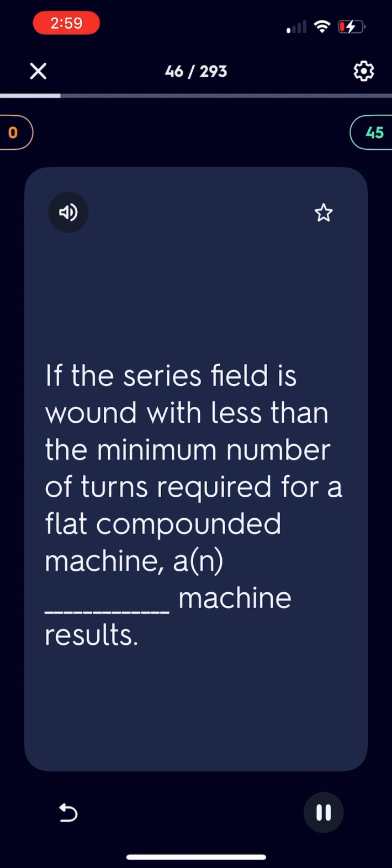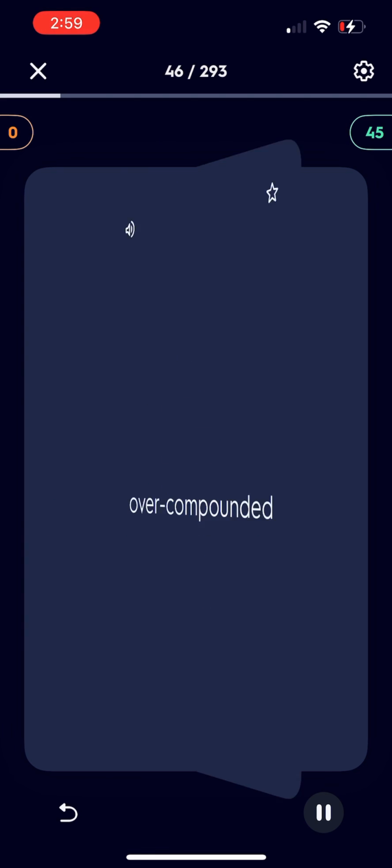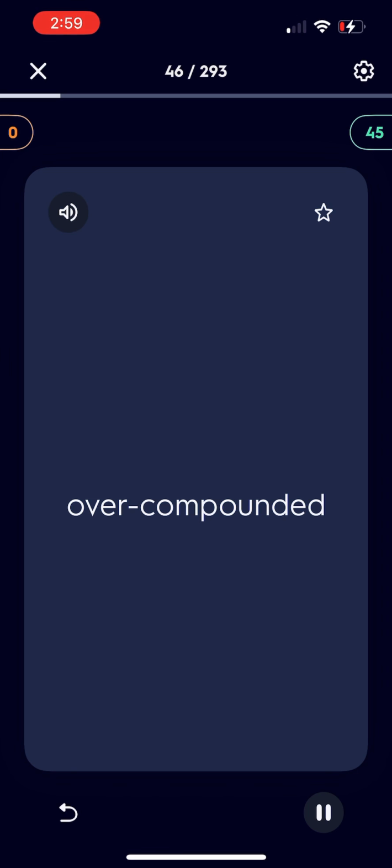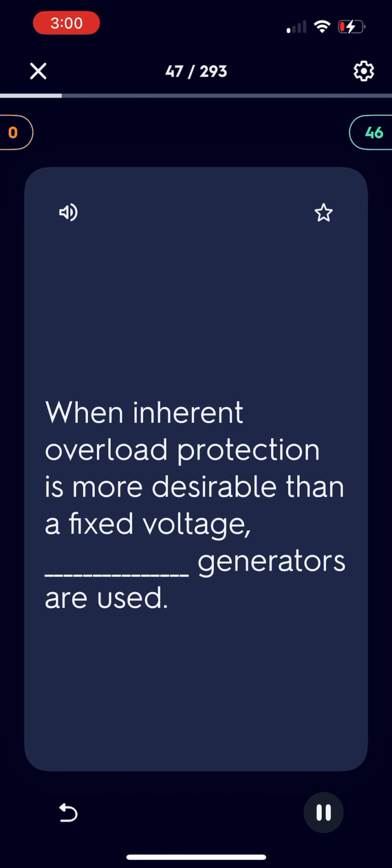If the series field is wound with less than the minimum number of turns required for a flat compounded machine, an overcompounded machine results. When inherent overload protection is more desirable than a fixed voltage, differential compounded generators are used.